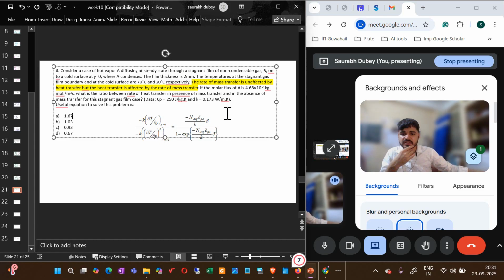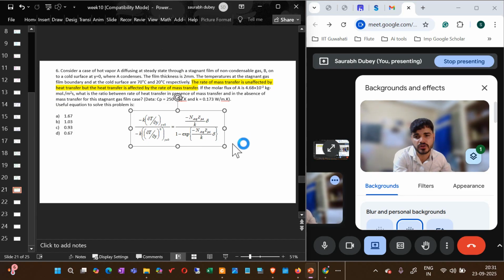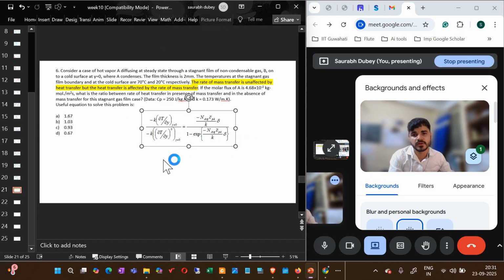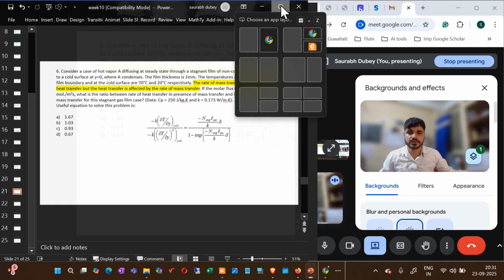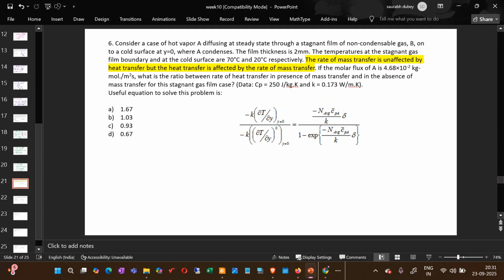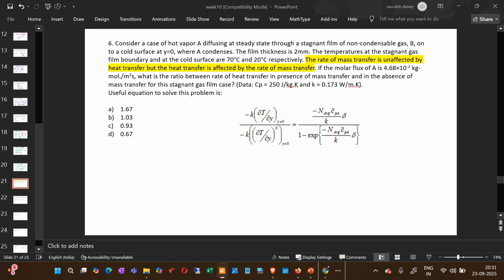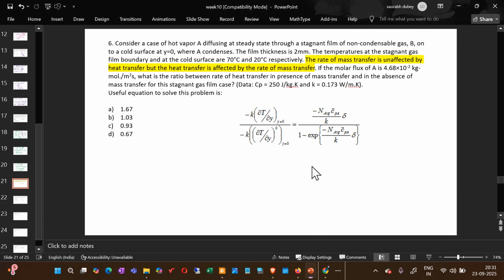These are Cp, K, and a useful equation is also given, right? So let's see this question. In this one, if you see, a very good question.